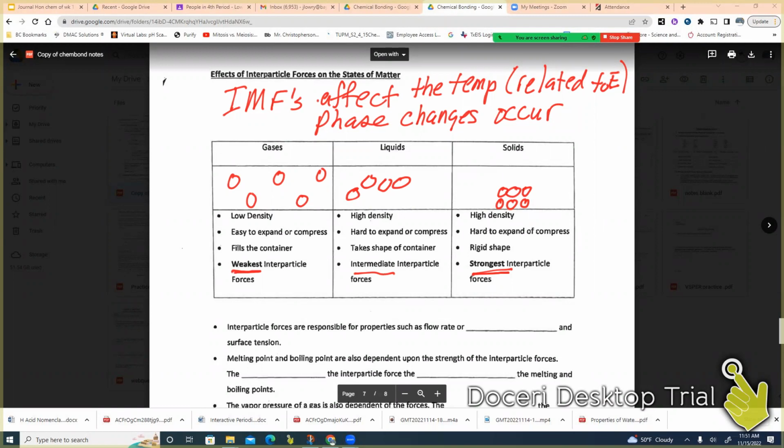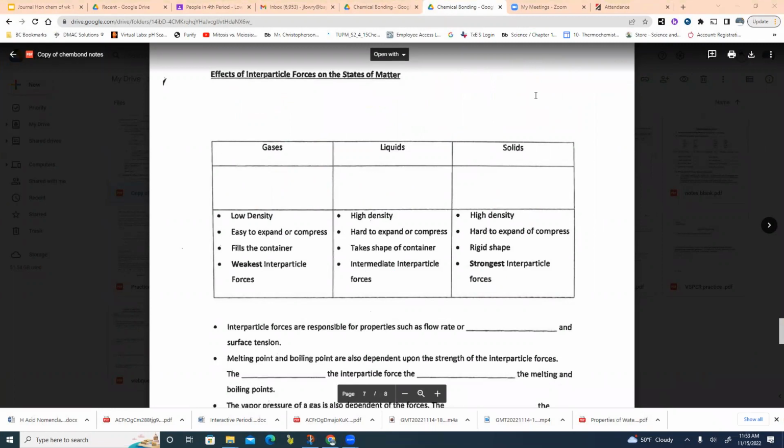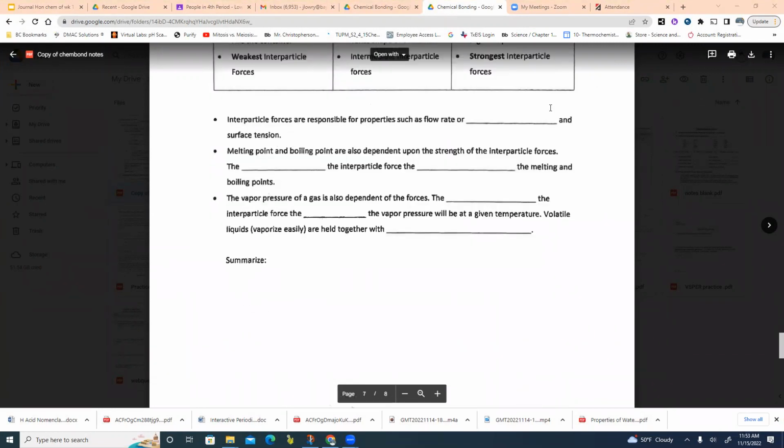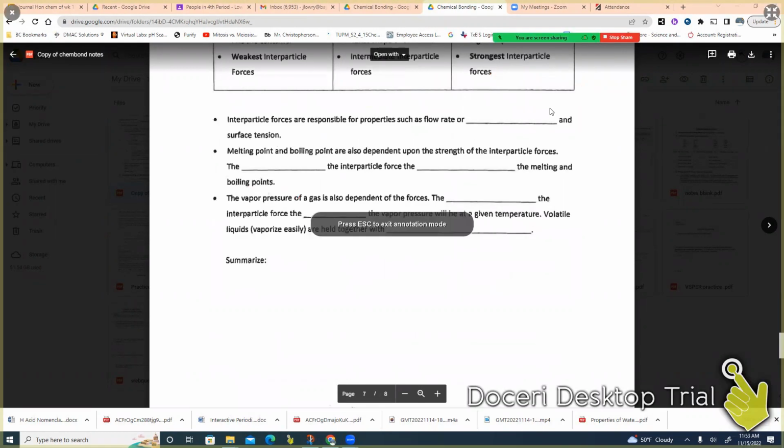All right, let's talk about some of those physical properties a little bit more specifically. So interparticle forces are responsible for properties such as flow rate or viscosity. Does anybody know what viscosity is? How thick something is, so like water does not have much viscosity, but honey is very viscous.